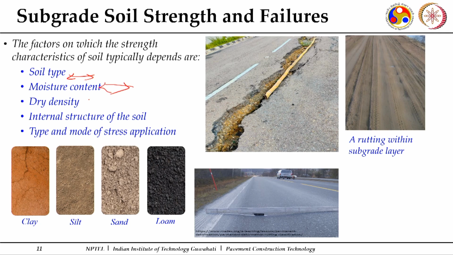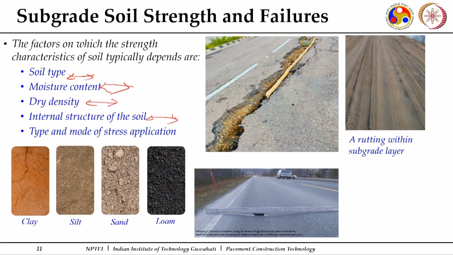Then there is moisture content, Atterberg limits, the inherent soil moisture content, and density, that is, what density you can achieve with that particular soil. This is also an inherent characteristic which will help you get an idea about the strength you can achieve with that kind of material.